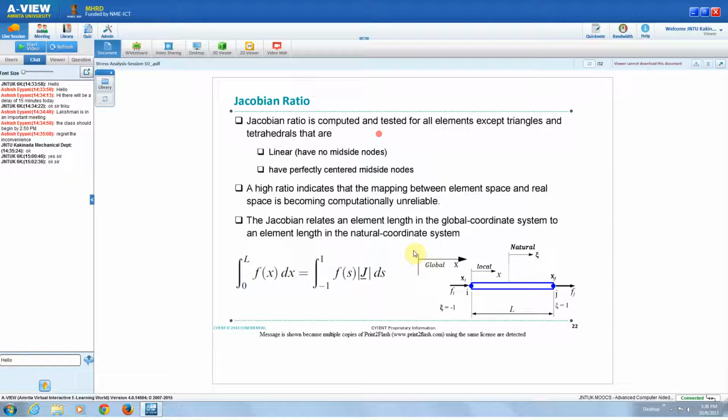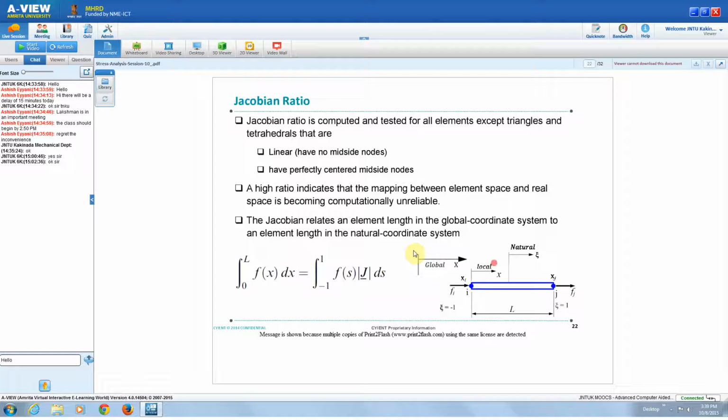Basically, we need to understand what exactly the Jacobian ratio is. Actually, the Jacobian is a thing which relates the element length in global system to the element length in the natural coordinate system. Remember, we will be having three coordinate systems.